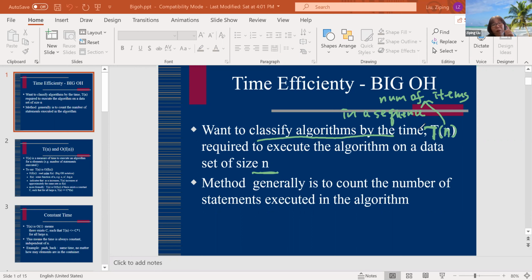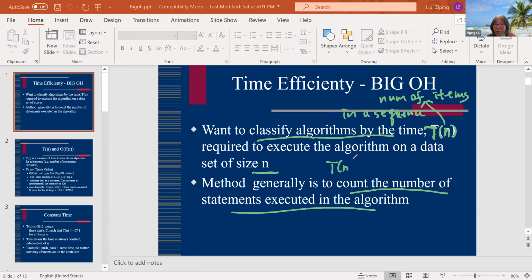But finding time is basically associated with each individual machine. The running time is going to be different. So generally speaking, when we just have the code, how do we analyze? We are going to count the number of statements executed in the algorithm.